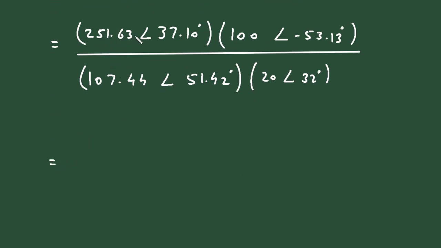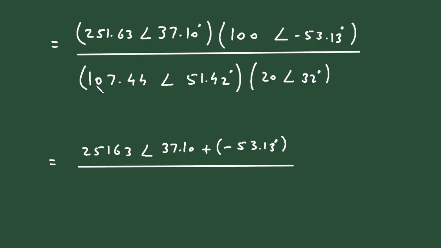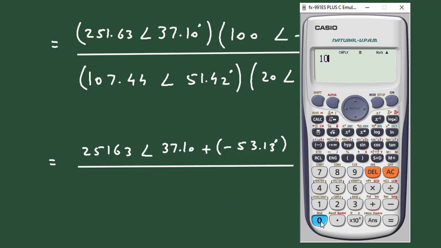So this will be 251.63 into 100. So this will be directly 251.63 at an angle. Now these angles will be added: 37.10 plus minus 53.13 degree, divided by, now we have to multiply this 107.44 into this 20.